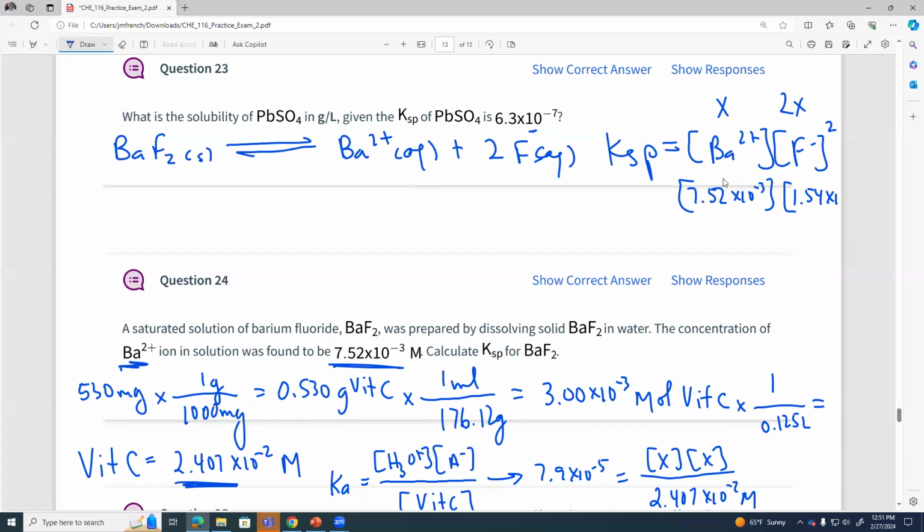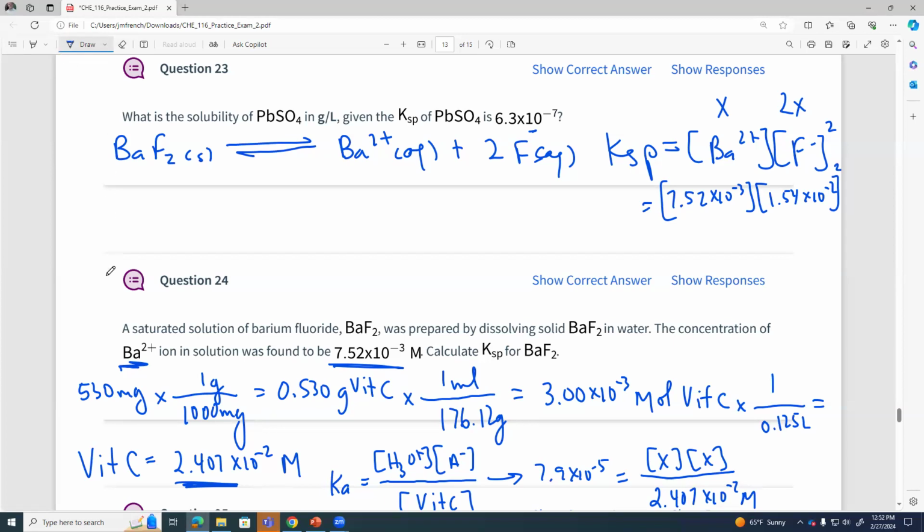Oh, it doesn't let me write off the PDF. All right, so if that is 7.52 times 10 to the minus 3, we multiply that by 2, 1.54 times 10 to the minus 2, I think would be our concentration there. And then that's going to equal our KSP.